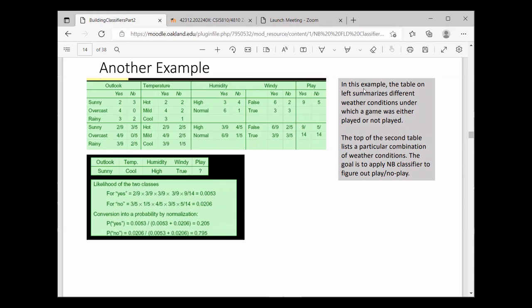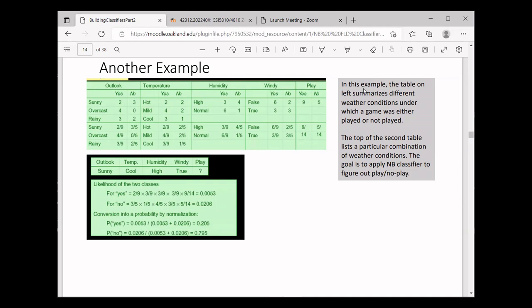Then yes and no numbers are shown there. Similarly, if you look at the temperature, and let's call the temperature not the actual number, but hot, mild, or cool. All right. So basically, again, you have yes and no, how many times you went and played and not played. All right. Humidity, high or normal. Again, that.